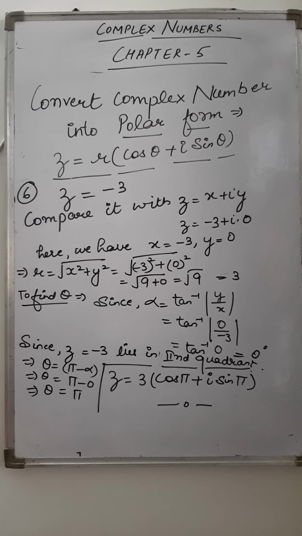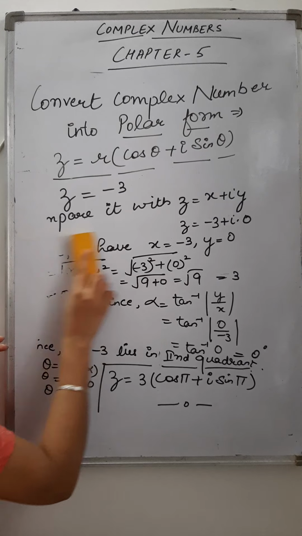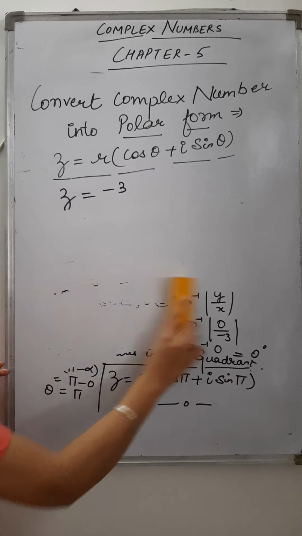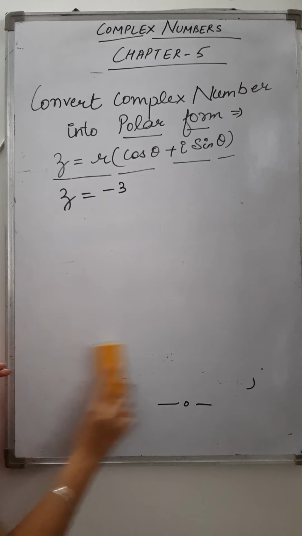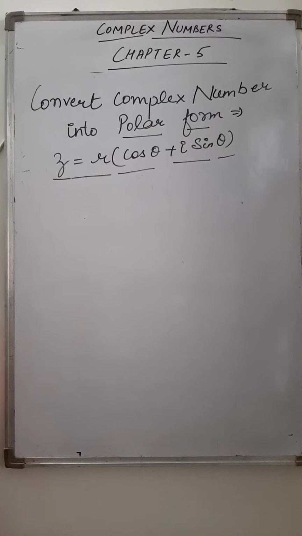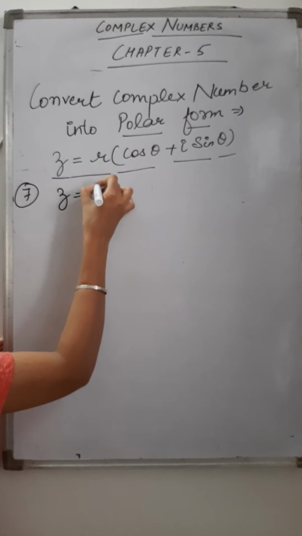z is equals to under root 3 plus iota. Question number 7. z is equals to under root 3 plus iota.